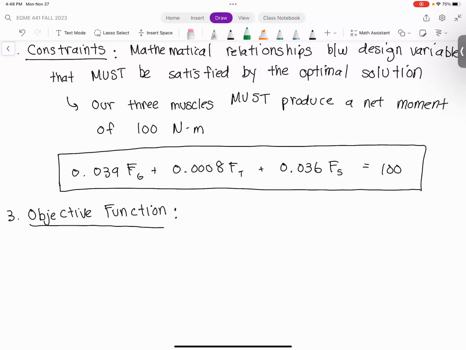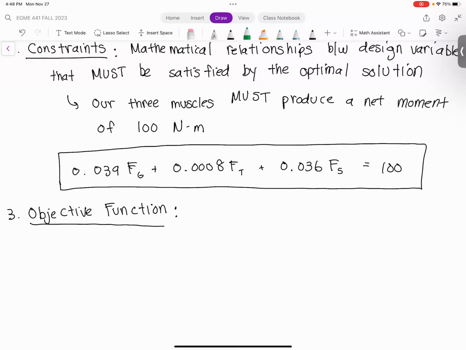Okay. And so what the computer is going to do is that for your three variables here, FG, FT, and FS, it's going to produce seemingly random guesses, although most of the time it's not completely random, right? It's going to produce guesses for these three variables, and then it's going to test and see which combination is better than the other ones, okay?